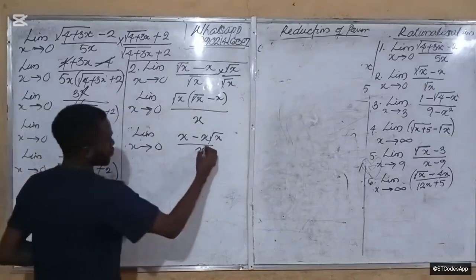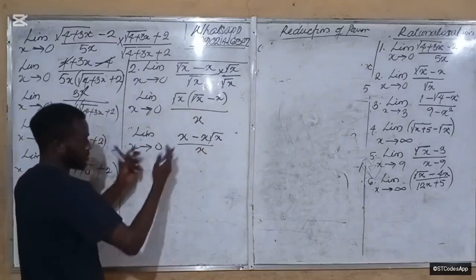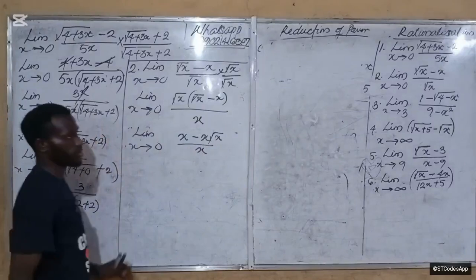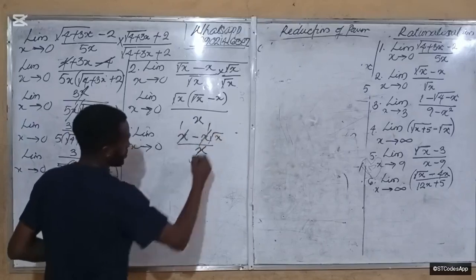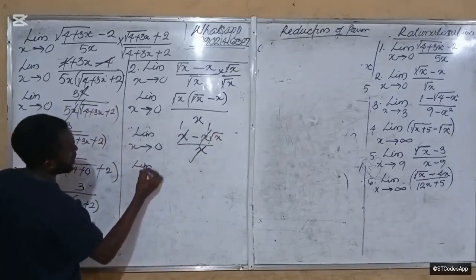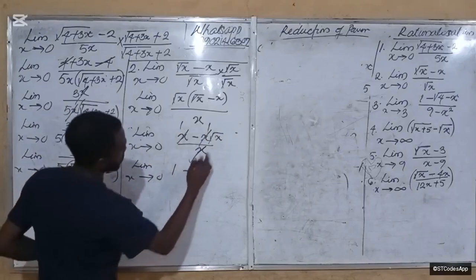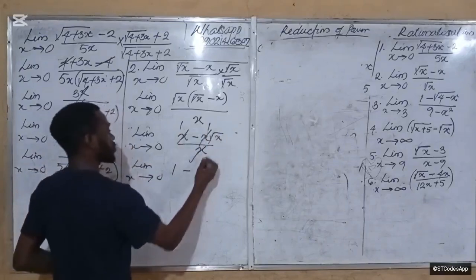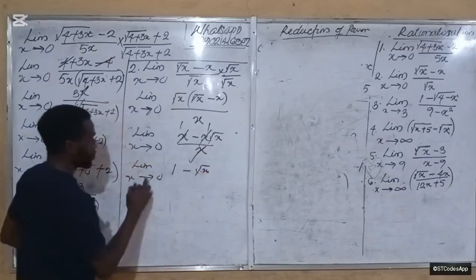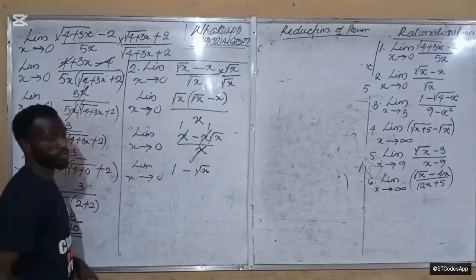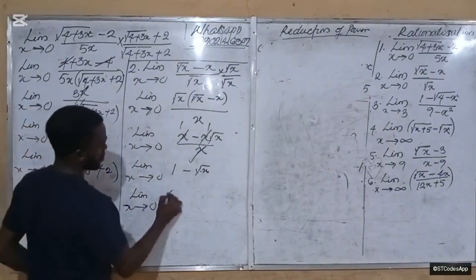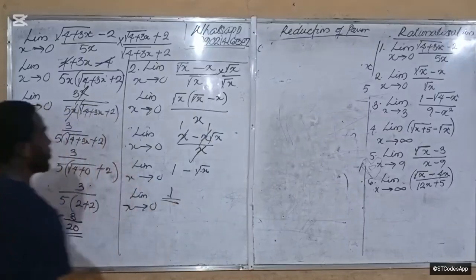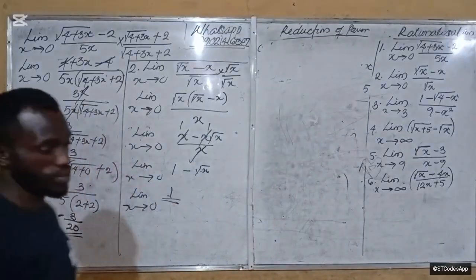We can split the fraction, so we have this guy here 1, this guy here 1, and this guy here. So we have the limit as x approaches 0 of 1 minus root x. When x becomes 0, the square root of 0 is 0, and the limit of our expression becomes 1. All right, so you see it's simple and short. No, short and simple.